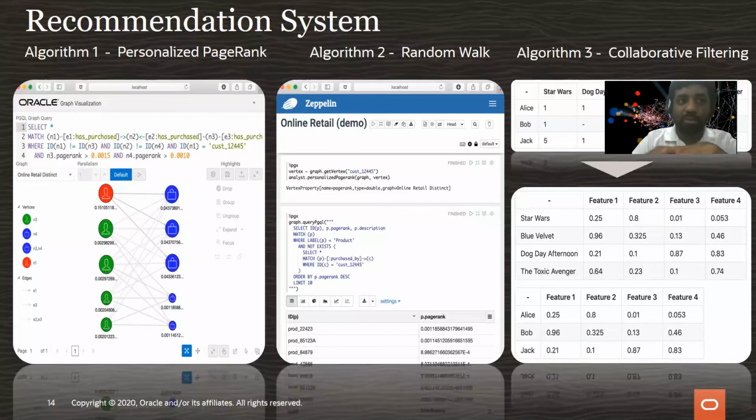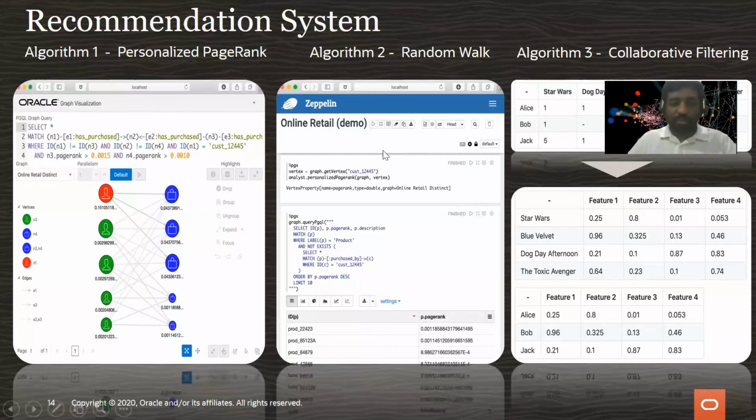And how does that page rank work? If a product has a high page rank and is shown to a customer, the reason could be that the customer is connected to multiple customers, and those customers would have purchased this particular product. So based on the closeness between one customer and the different customers who have purchased a product, that product will have a high page rank, and it will be offered as a recommendation to this particular customer, who is the target customer.